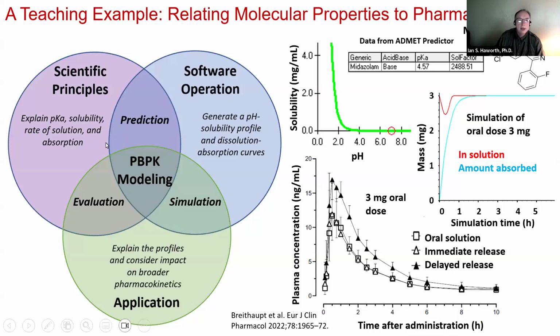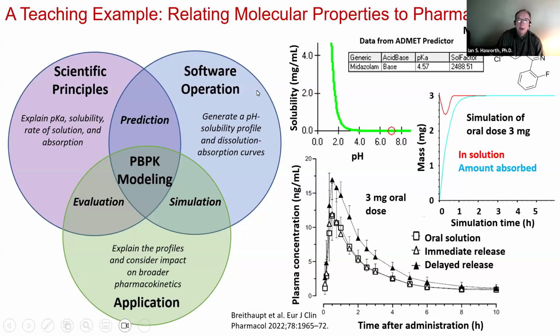Quick example, this is the same template, but now something specific. We're thinking about physical-chemical properties of midazolam. So what would we understand about midazolam? Well, it's a weak base, let's say, and the pKa, it turns out, is 4.5. So let's understand that.